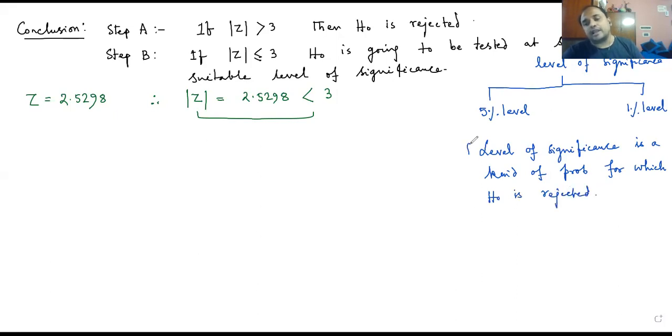Okay, this is a kind of probability. Why is it getting rejected?